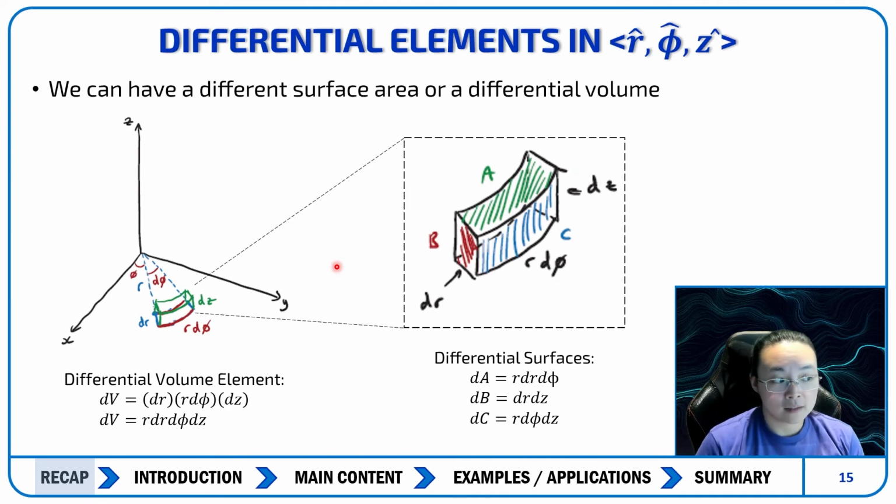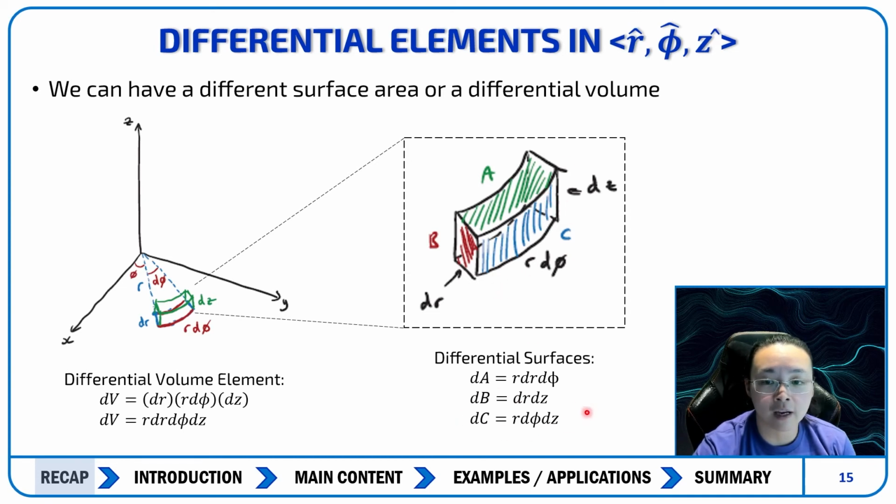Now, because we have this volume over here, sometimes you may just want to look at one of the surfaces, especially if you're taking a look at electric flux. Electric flux is how many electric field lines penetrate a particular surface. If that's the case, then maybe you just want to take a look at the blue surface over here, which we call C. In this case, C is the area created by dz, the height, and r d phi.